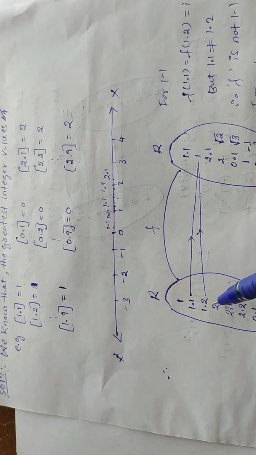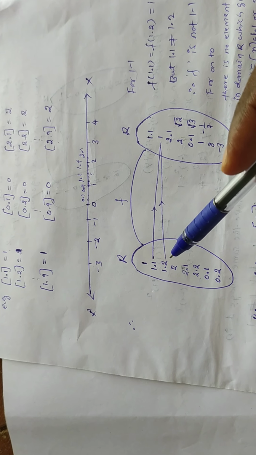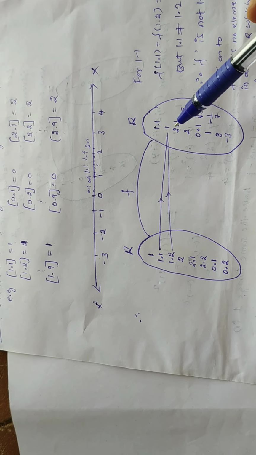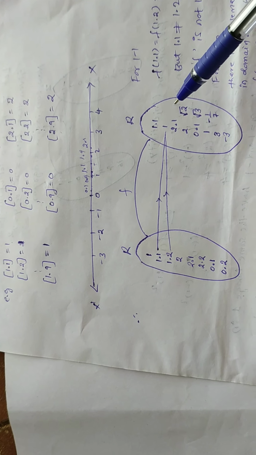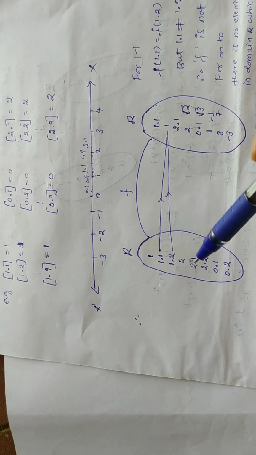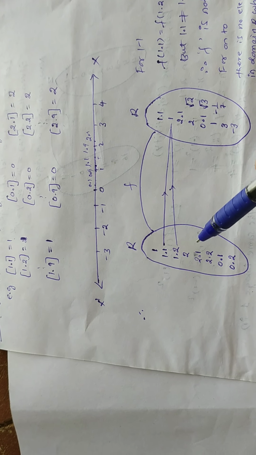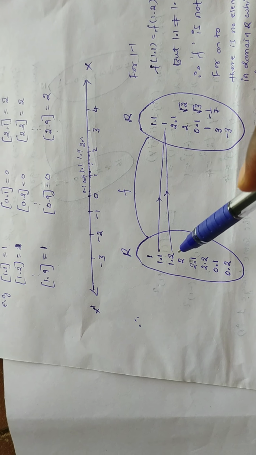All the real numbers are nothing but an ocean of numbers. There are rational and irrational numbers. We only have to take a few numbers for our examples, like root 2, minus 1 by 2, etc. There is an ocean of numbers in the real numbers, so we have to choose some.